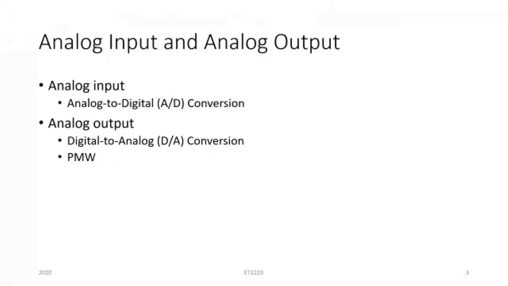That is, we have to receive input from these analog systems and then convert them into digital form so that we can process them in our computer systems. Then at certain times, if we want to control these analog systems that are external to us, we may want to produce some analog outputs from our digital information. So again, we may have to do the reverse conversion from digital to analog. So these are the things that we will be touching upon in a bit more detail today.